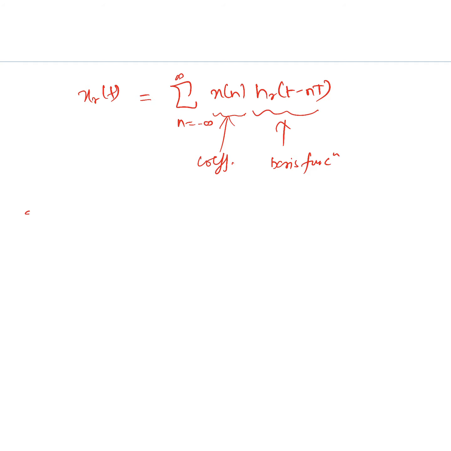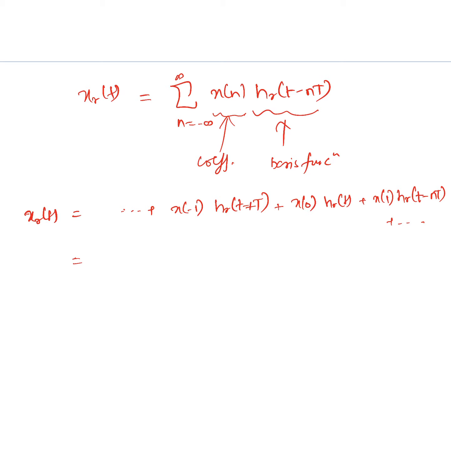So your xr of t is, let's say, plus x[minus 1] HR of (t plus capital T), plus x[0] HR of t, plus x[1] HR of (t minus capital T), plus so on. Okay, so it would be an infinite sum.